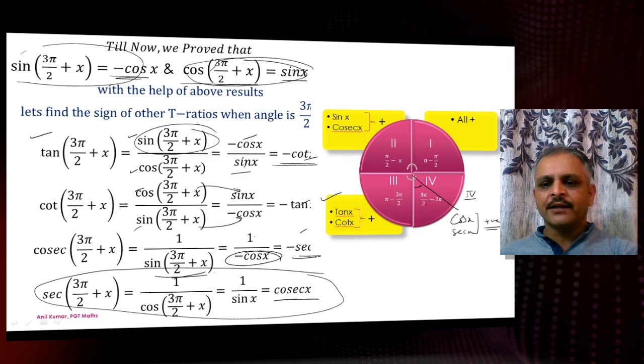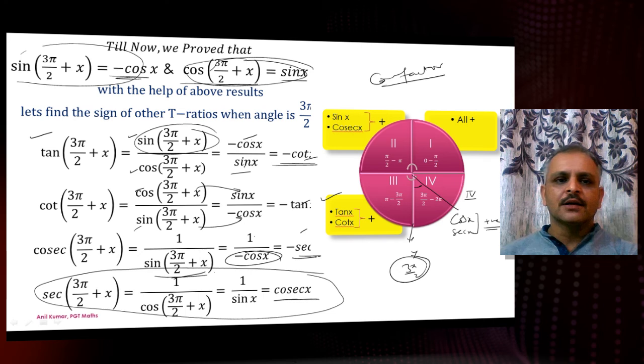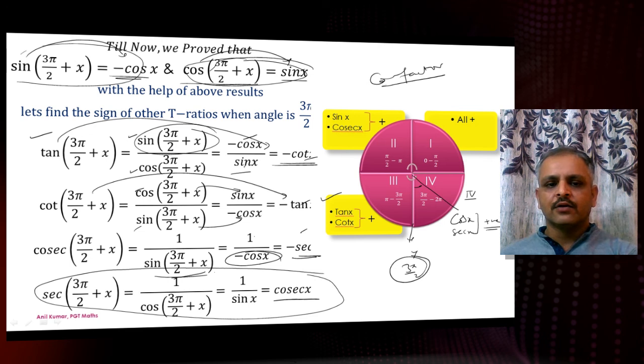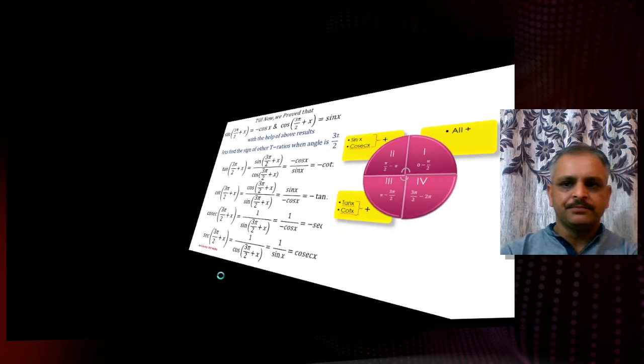Because we are measuring from the y-axis, that is 3 pi by 2, we will apply the cofunction rule also. That means convert sine into cos, cos into sine, tan into cot, cot into tan, cosecant x into secant x and secant x into cosecant x.